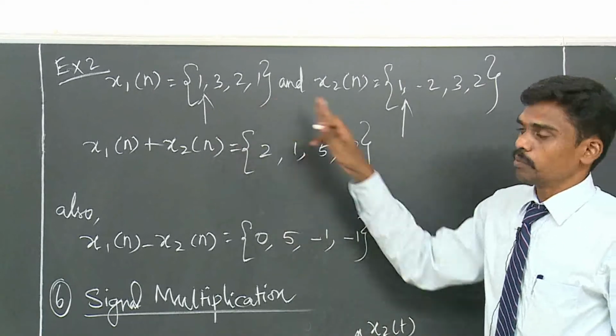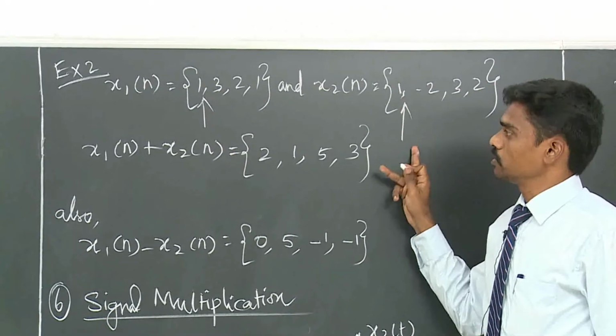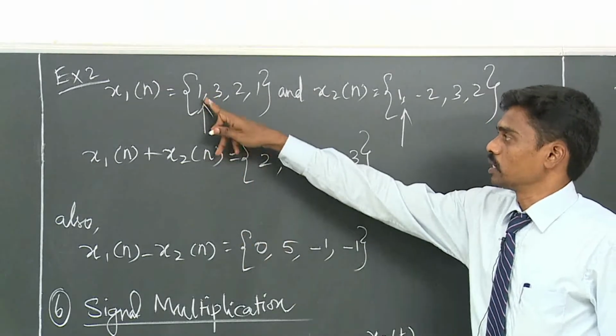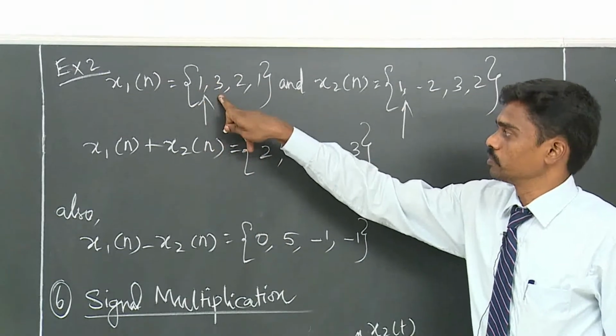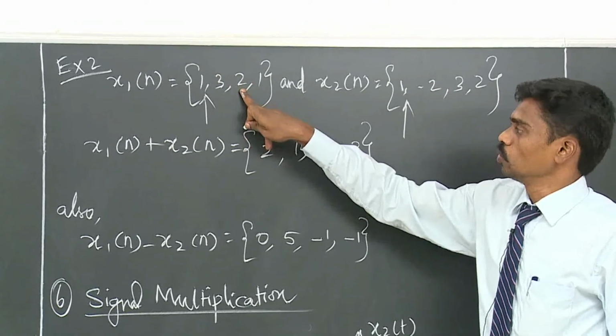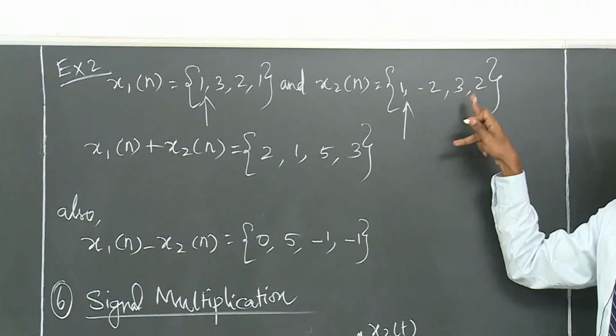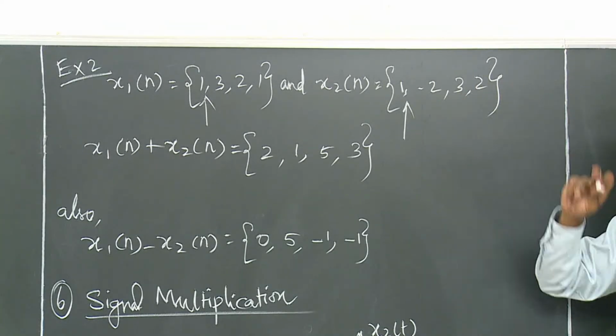If the origin is not mentioned in the given sequence, you should take the first as the origin. So 0 starts here: x1 of 0, x1 of 1, x1 of 2, x1 of 3, x2 of 0, x2 of 1, x2 of 2, x2 of 3.